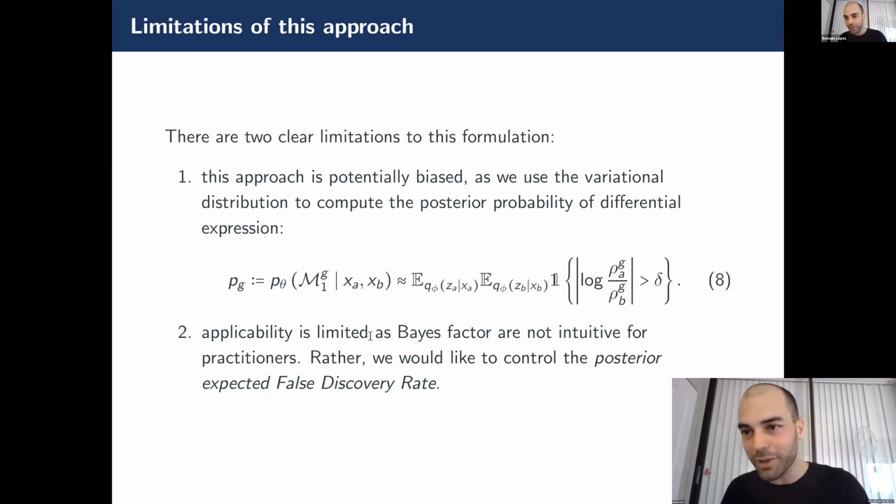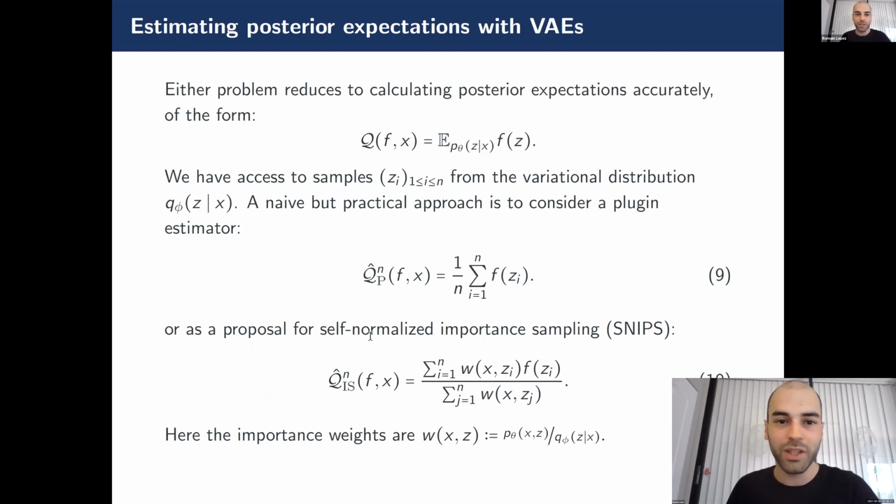Somehow those two problems are related to calculating posterior expectations accurately. You can see why the first point was related, because we were plugging in the variational distribution in place of the posterior. And the FDR is a bit more work.